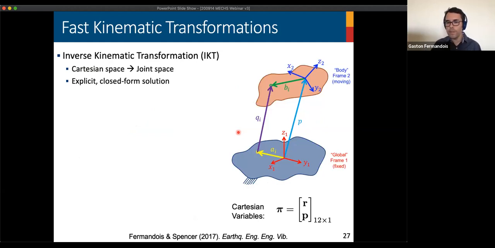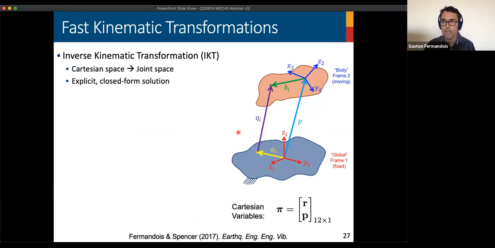So we developed for maRTHS a fast kinematic transformation approach to include in the hybrid simulation approach. The inverse kinematic transformation, which goes from Cartesian to joint, is a nonlinear function, but it's explicit, and the solution is closed form.